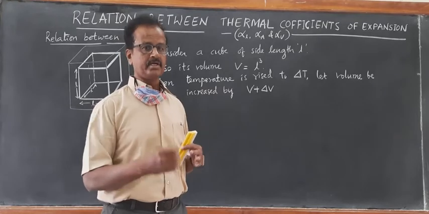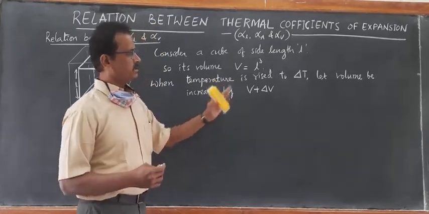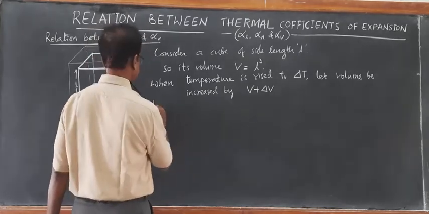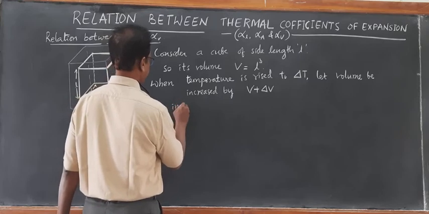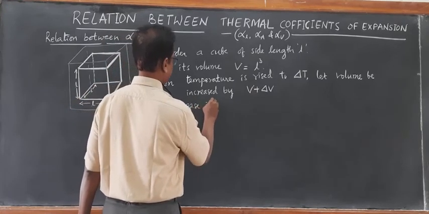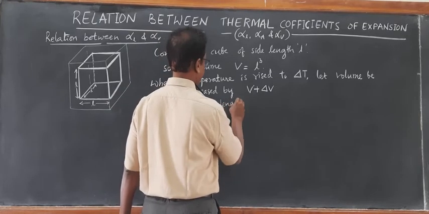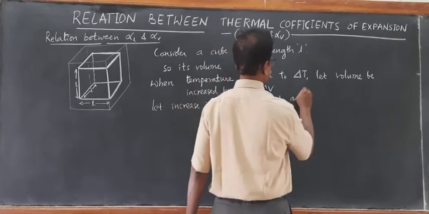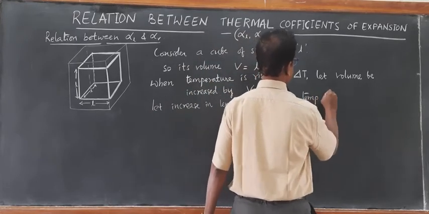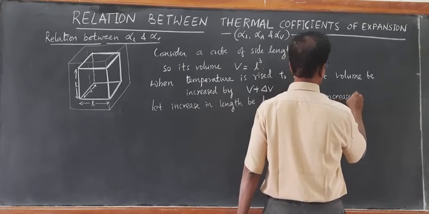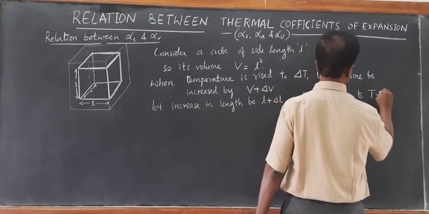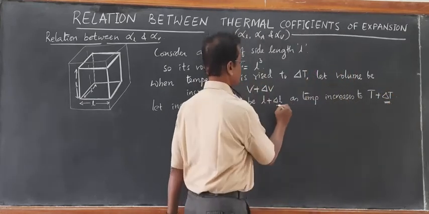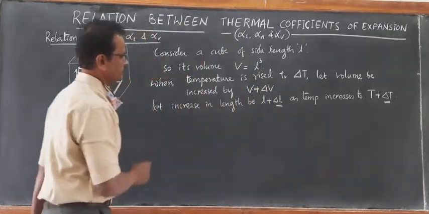Let the length of each side become L plus delta L as the temperature increases to T plus delta T. So for a change in temperature delta T, the change in length is delta L. That's what we are observing.